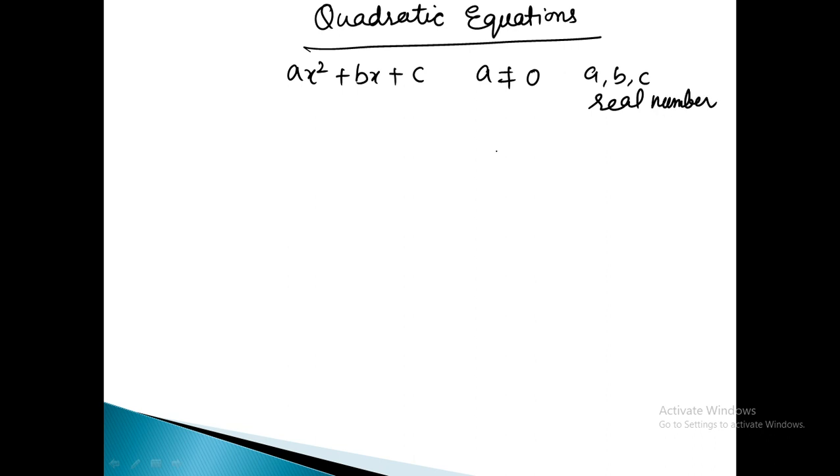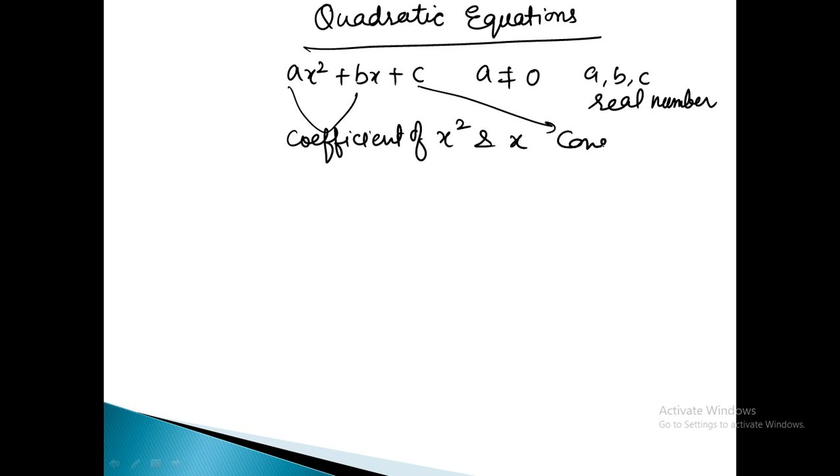It is called a quadratic equation because it is given in the form ax square plus bx plus c is equal to 0. In this equation, a and b are known as coefficients of x square and x, and c is a constant term.